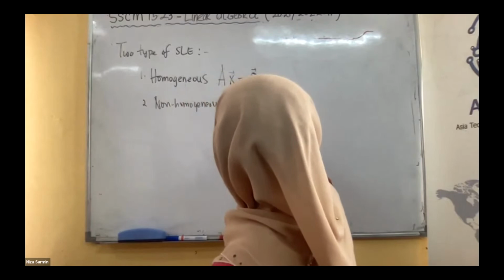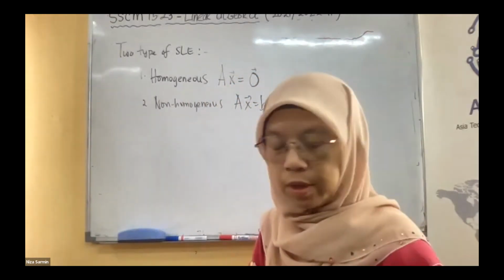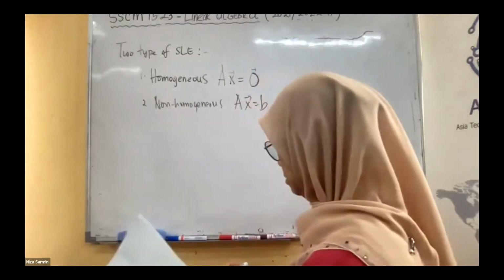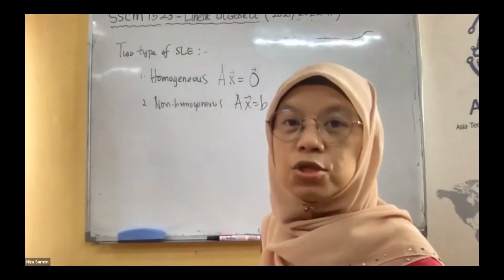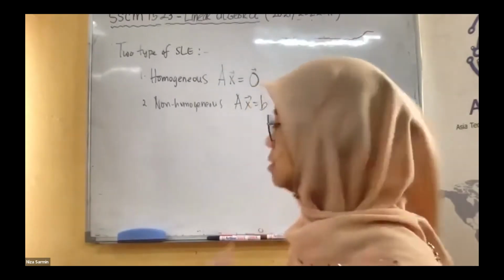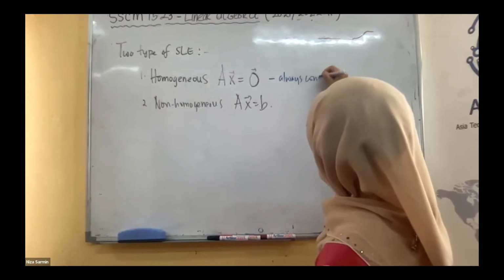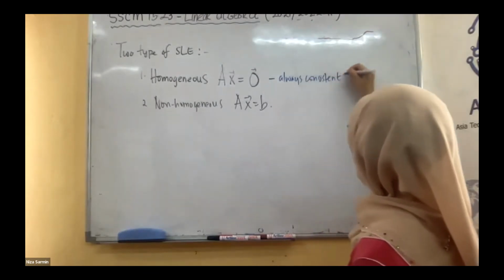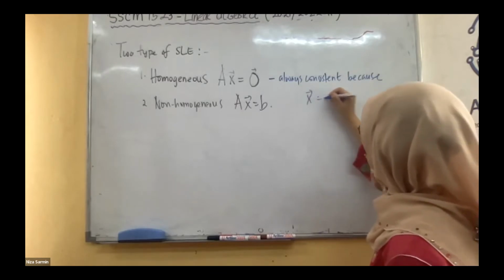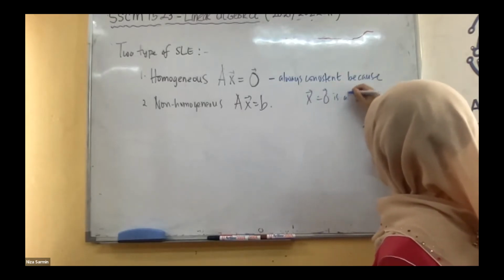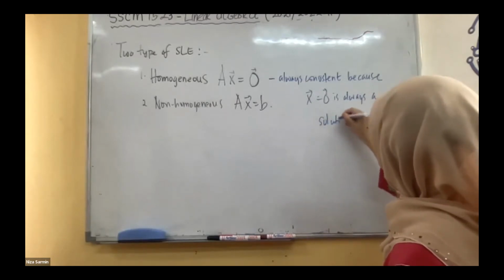AX is B. Okay, for the homogeneous one, it's always consistent, because X is 0 is always a solution.